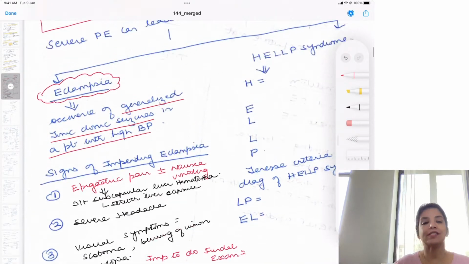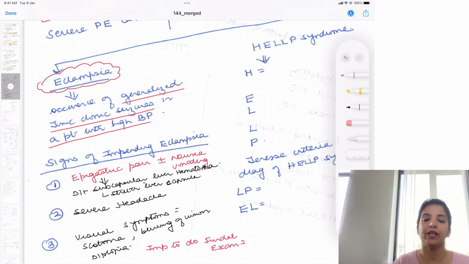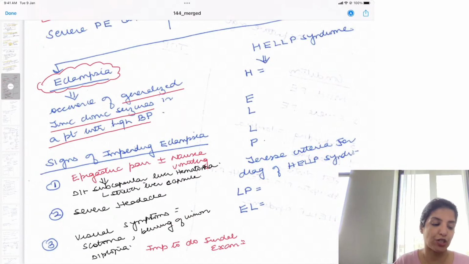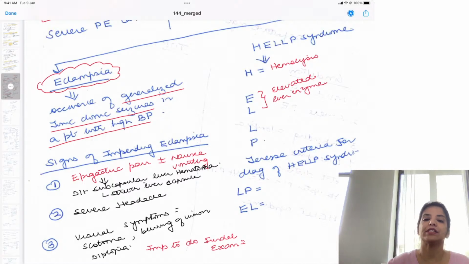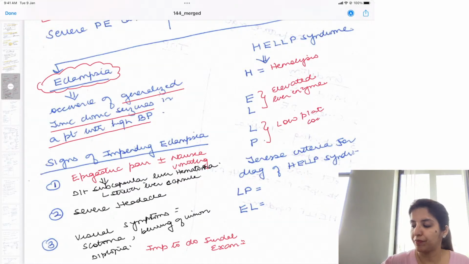Now, the second problem which can happen in patients of severe preeclampsia is HELLP syndrome, where H stands for hemolysis, EL stands for elevated liver enzyme, and LP stands for low platelet count.